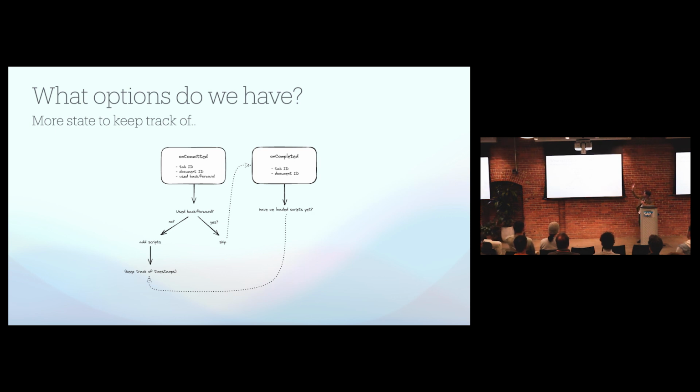And so what we do is we basically defer making a decision on whether we should add our scripts to that page until this other event happens, which is this onCompleted event, which is the DOM load event. We know that if there are scripts on that page, they should be running by now. And so then what we do is we can look back at whether or not we have state that represents that we loaded that script.